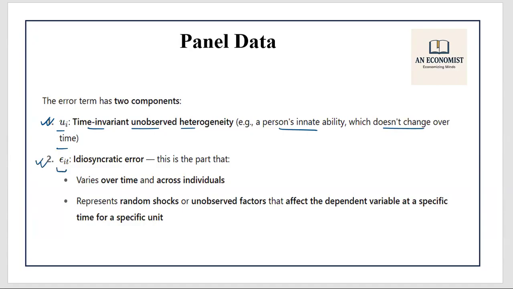Now see this. Epsilon_it is the idiosyncratic error. What is this? This is basically the error which varies with time and across individuals. For example, it is some kind of random shock, right? Idiosyncratic error basically means some kind of random shock, or some unobserved factors, but it will affect the dependent variable at some specific time or specific units.